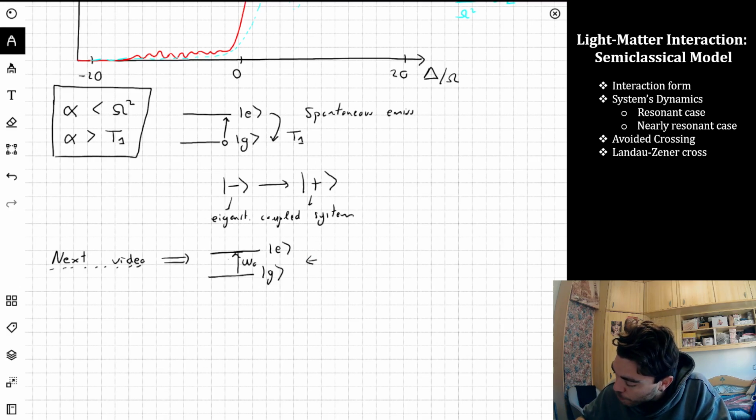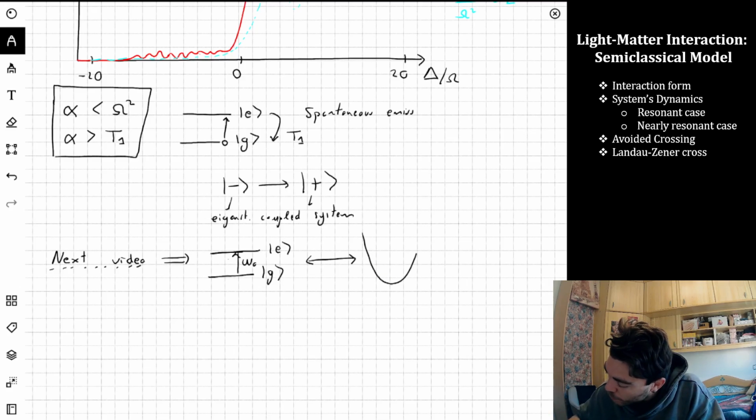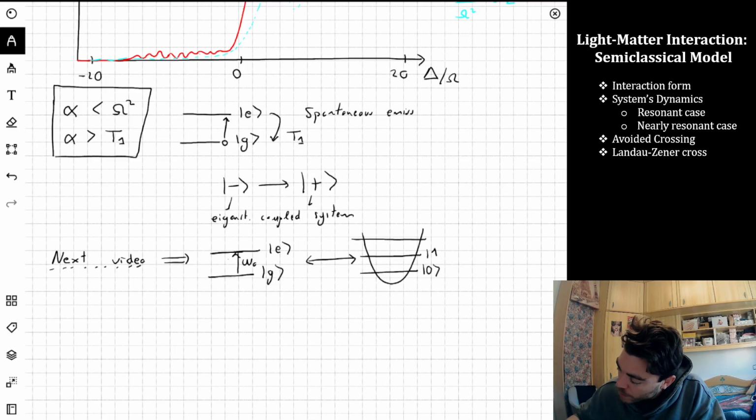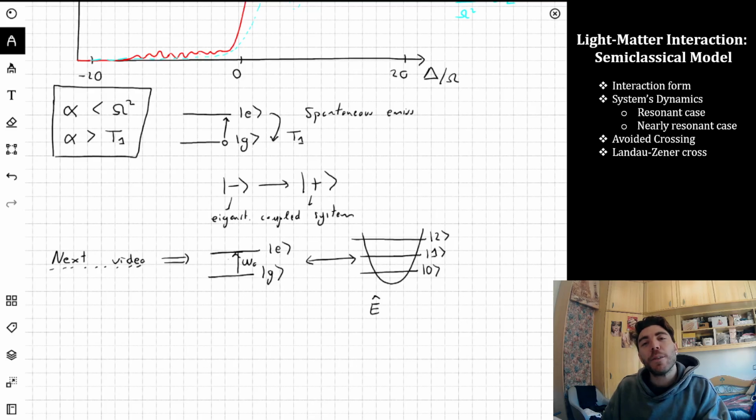But now we are going to couple this to a quantum harmonic oscillator, so a photonic cavity. So now we will have also individual states with a certain number of photons, and we will couple these two. What I mean by that is that we quantize light. So now the electric field will be an operator. And we will see what is happening between the two and how the interaction takes form, so that we are digging a little bit more deeply into the light-matter interaction.